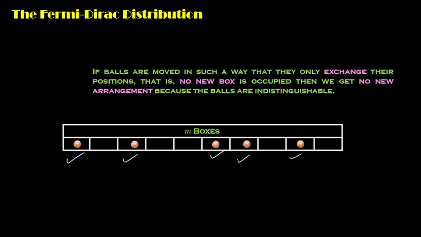This is because the balls are indistinguishable. We cannot make a difference between the two balls. The balls are identical with respect to their behavior of occupying the boxes. So when a ball from one occupied box is transferred to another occupied box, we get no new arrangement. A new arrangement emerges only when a ball from an occupied box is transferred to an unoccupied box.